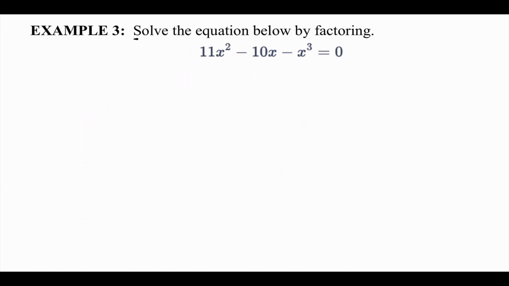So this guy says solve. So we got to use all the steps now, all the steps for solving. It's already set equal to 0. Check, that one's done. But it's not in descending order, right? This term here needs to be in front, this one needs to be second, and then the blue one needs to be last.